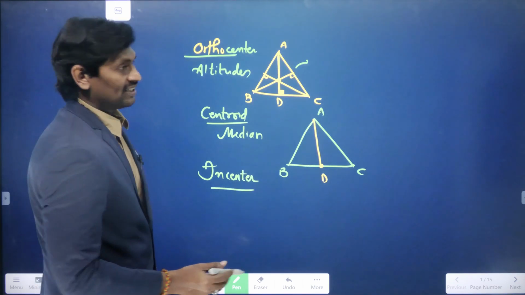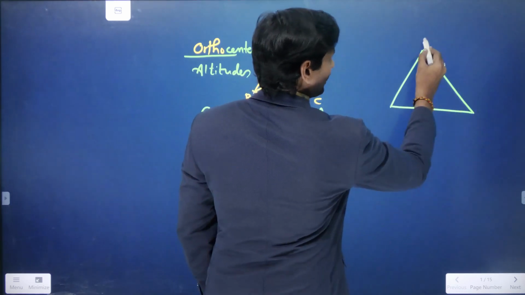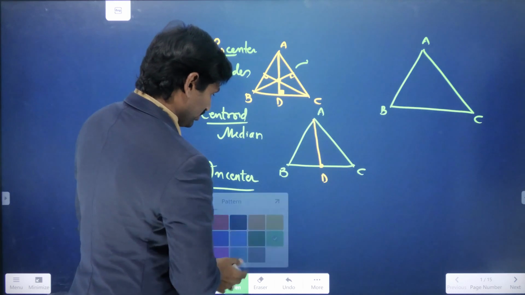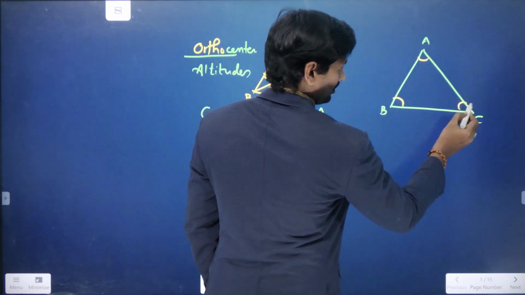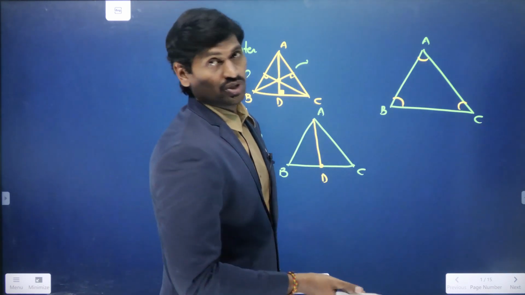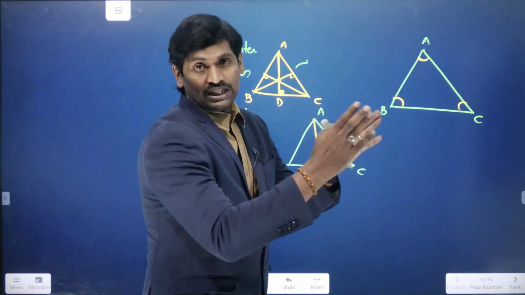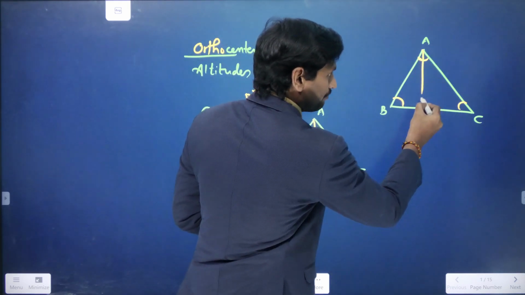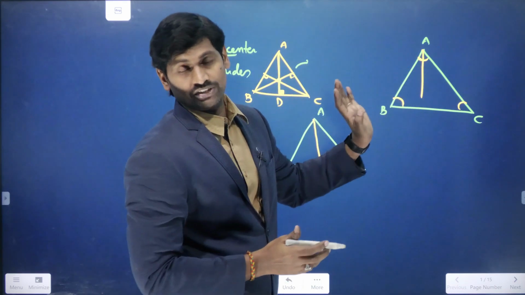Now coming to incenter and circumcenter. What is incenter? To make an incenter, we should use the angular bisectors of a triangle. That means when you take angle A, angle B, angle C, we should draw angular bisectors. Angular bisector means angle A should be divided into two equal parts. This line divides the angle into two equal parts.